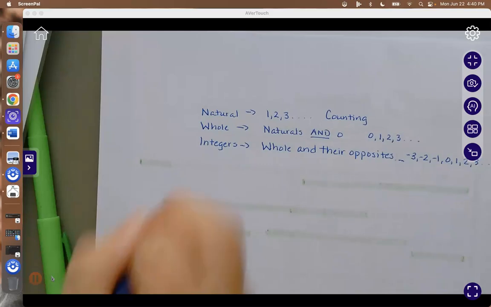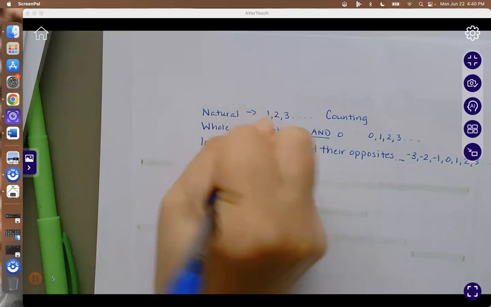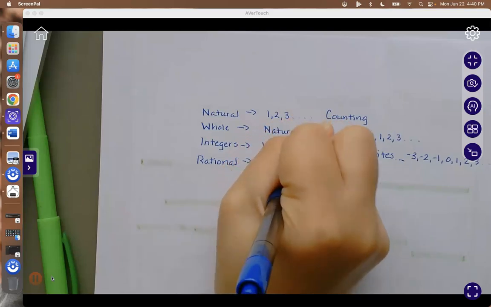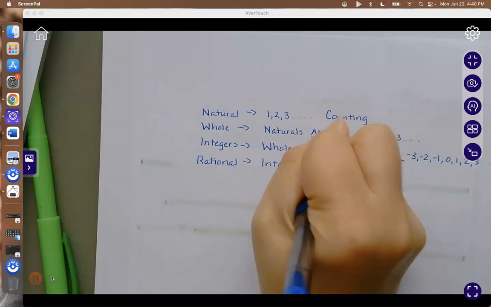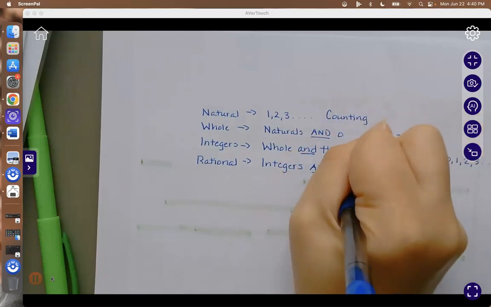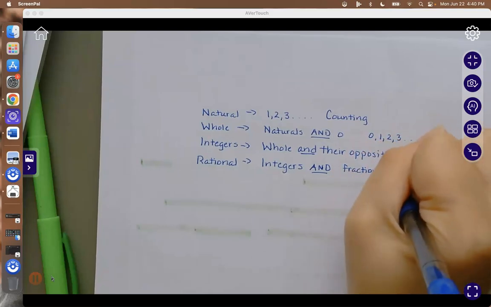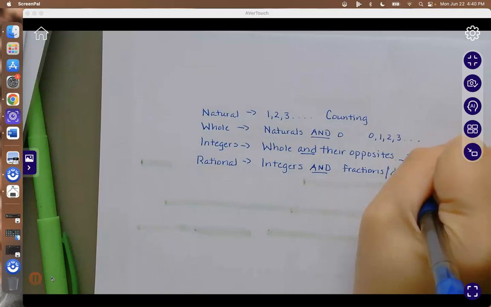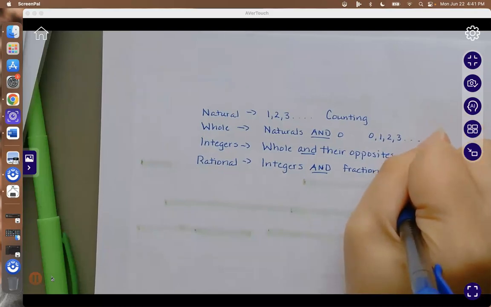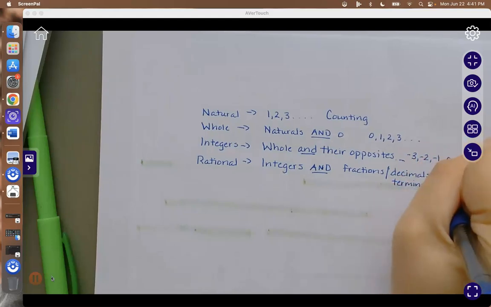Okay? Now, rational numbers are integers, so whole numbers and their opposites, and fractions or decimals that terminate, that means end, or repeat.